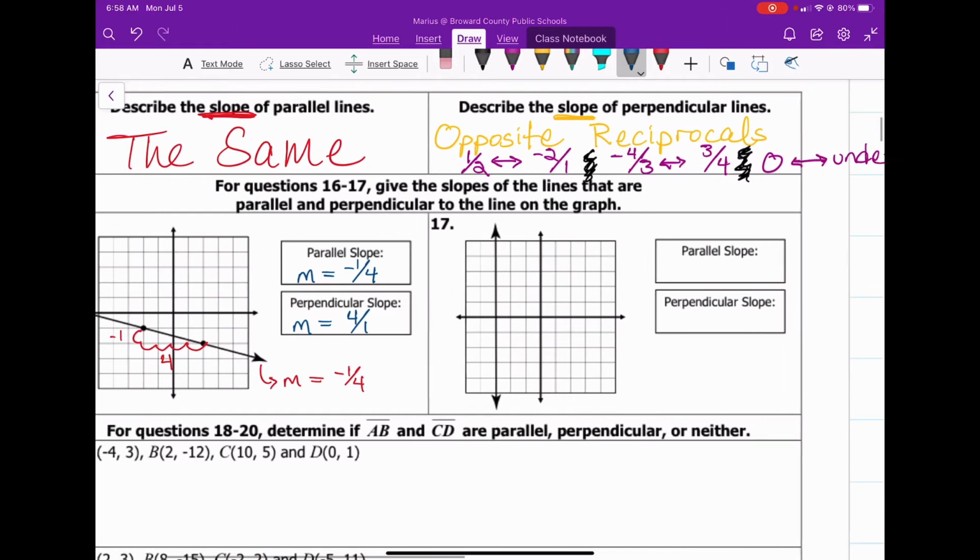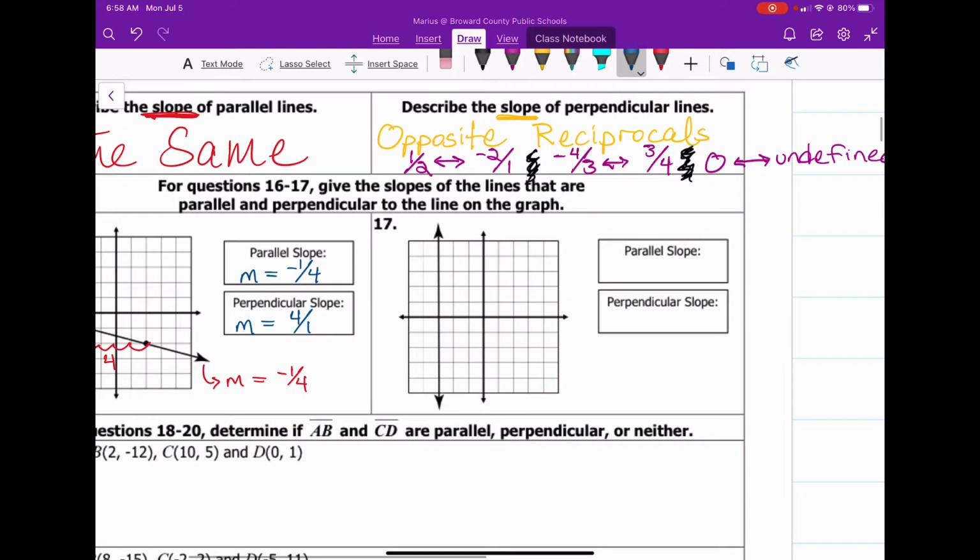Now, let's take a look at number 17. Number 17 is a vertical line. The reason I'm identifying it as a vertical line is because all vertical lines have undefined slope. M is equal to undefined.